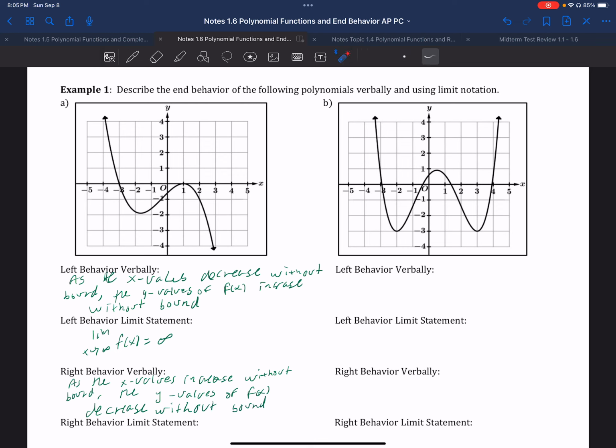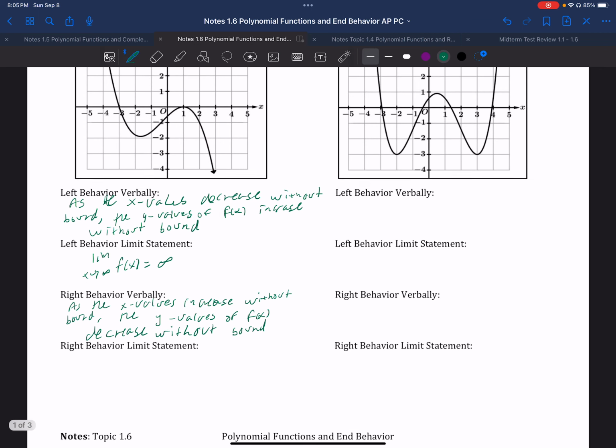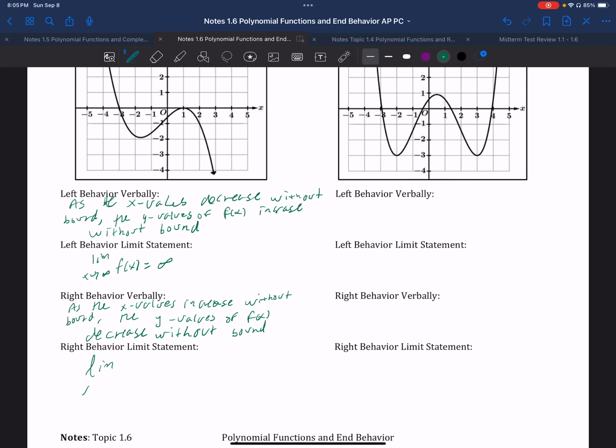Again, I can see that my y values will keep on decreasing forever, or I can say the limit as x approaches positive infinity of f of x is equal to negative infinity. Again, the y values will keep on decreasing forever, and that's what the down arrow tells me.